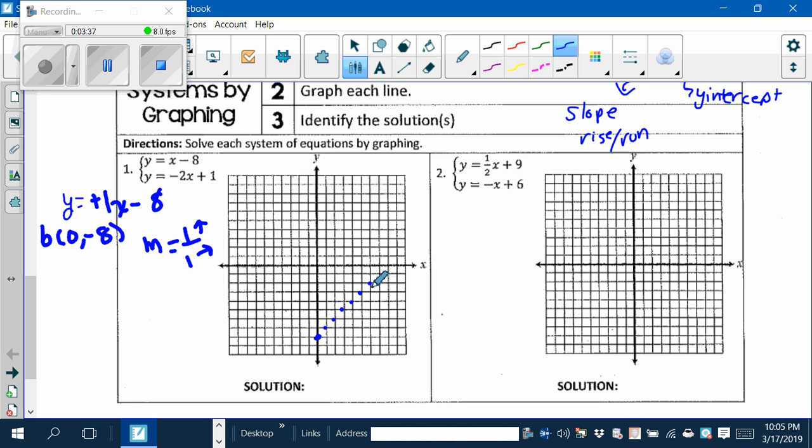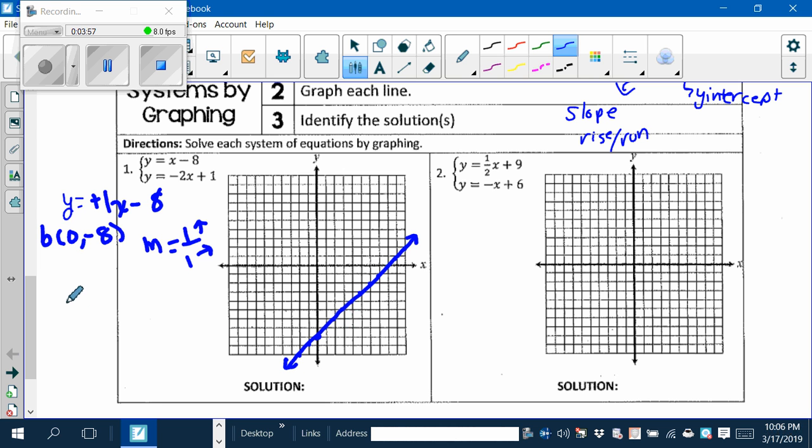I want to extend this line as far as I can, because you never know where the two lines are going to intersect. And if the slopes are different, they are definitely going to intersect at some point. So there's my first line.